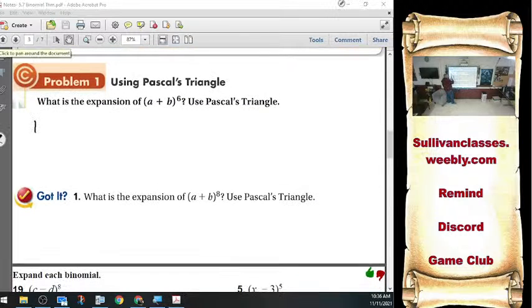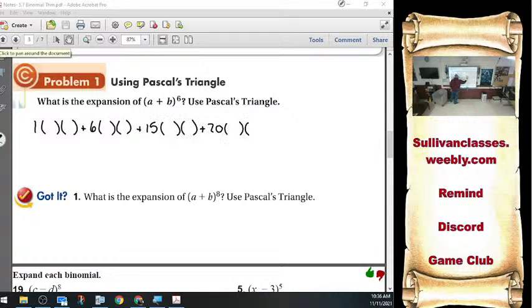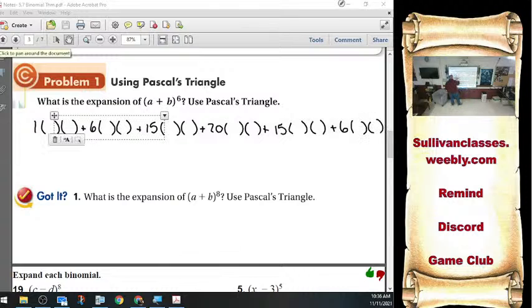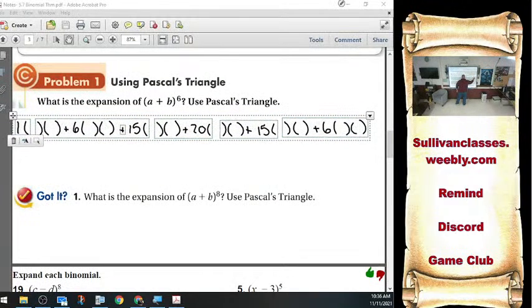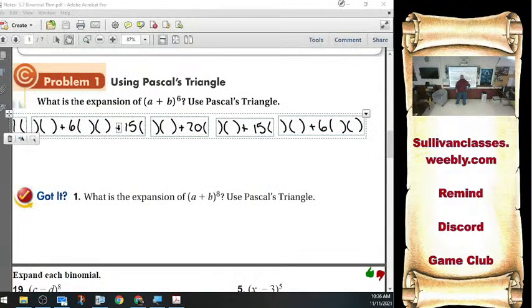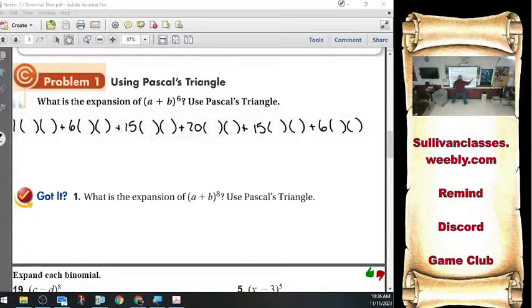So, 1, parenthesis parenthesis, plus 6, parenthesis parenthesis, plus 15, plus 20, plus 15, plus 6, plus 1.